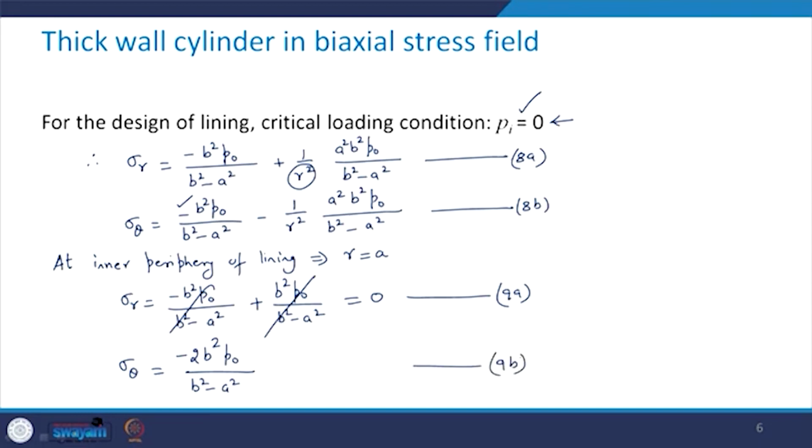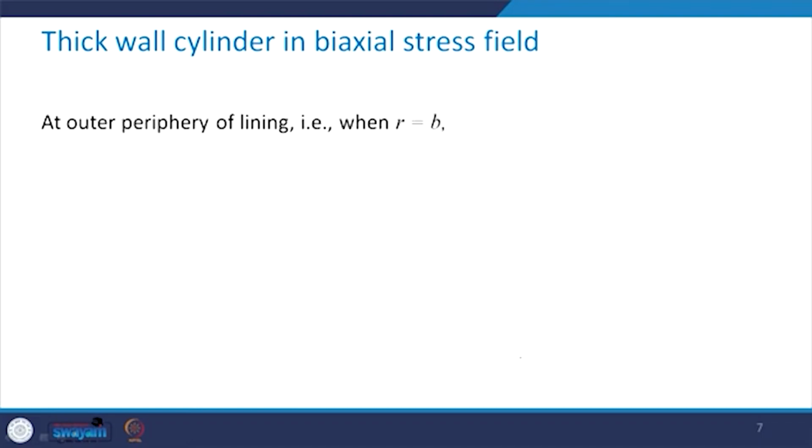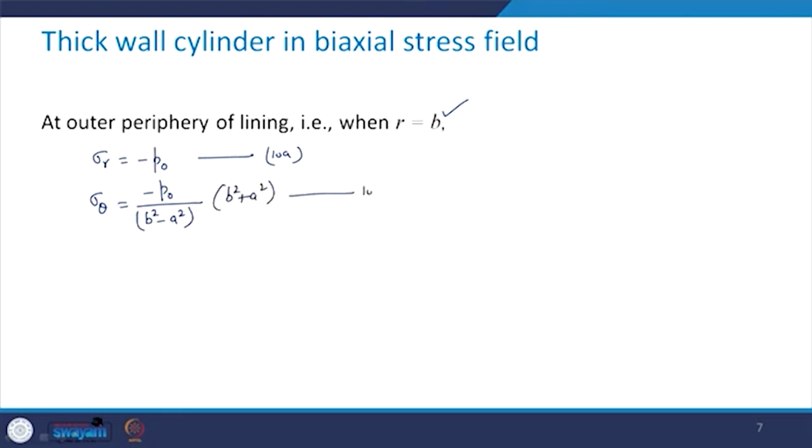Now, what will happen at the outer periphery of the lining, which means that when r becomes equal to b, this sigma r is going to be equal to minus p naught, that's 10a, and sigma theta will become minus p naught divided by b square minus a square into b square plus a square. This is 10b.